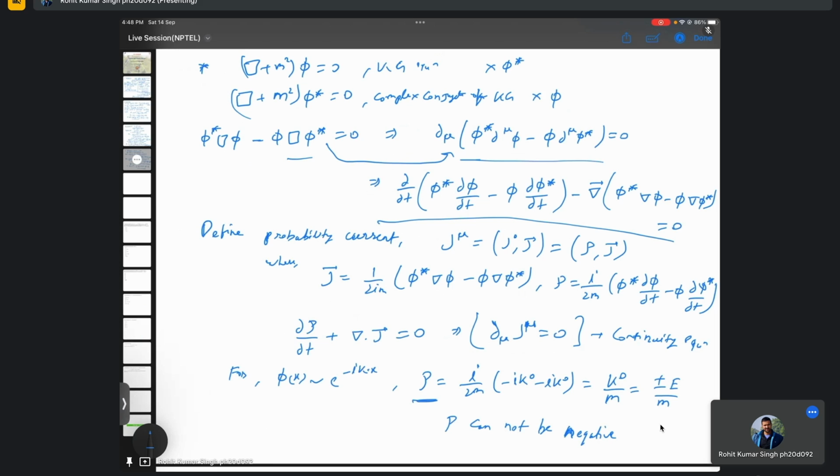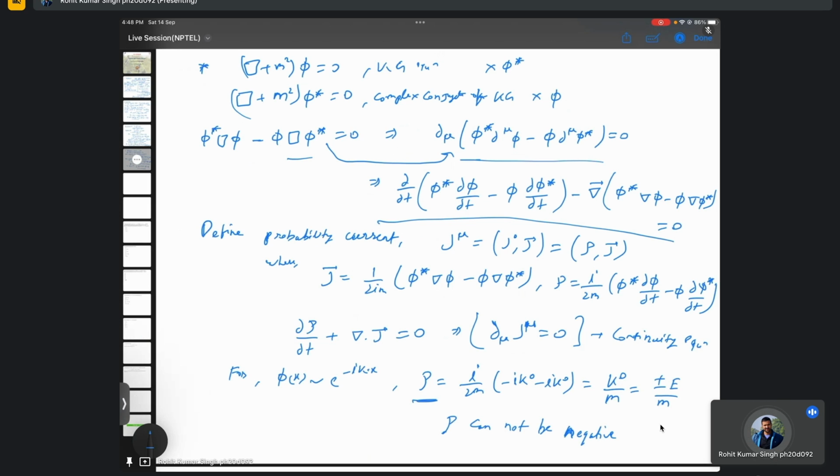And this is why we abandon it in quantum mechanics. But in classical field theory, the Klein-Gordon equation is still studied.